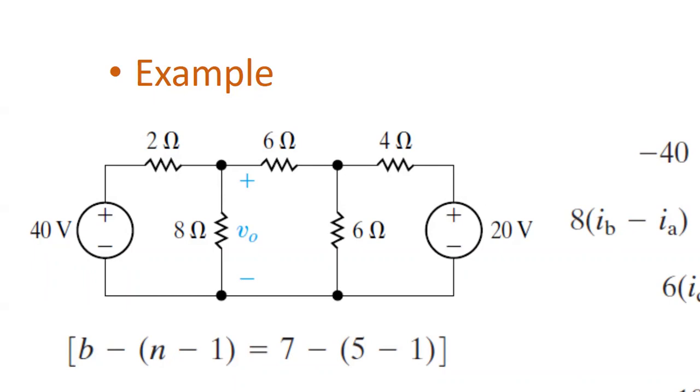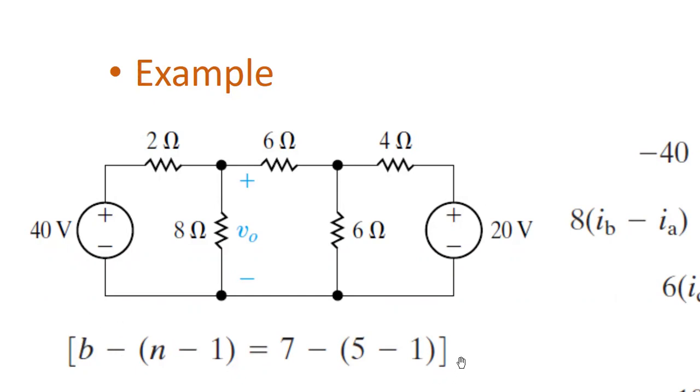Okay. How many essential nodes do we have? We have 3, right? 3. Okay, 3 minus 1 will be 2, and 5 minus 2 will be 3, right?